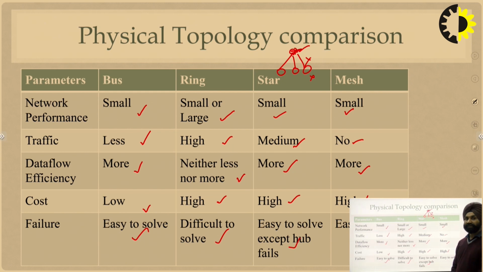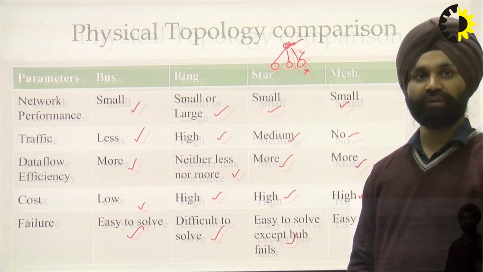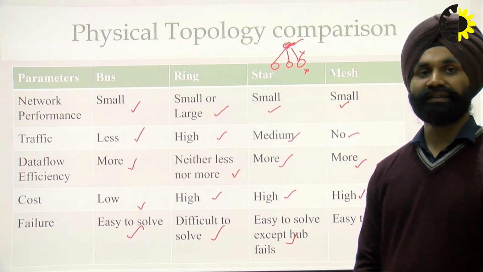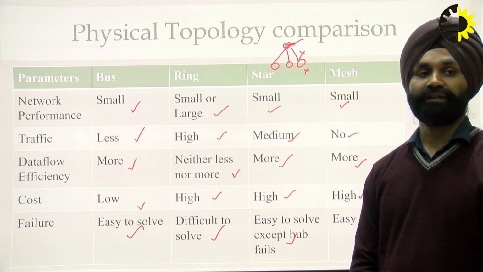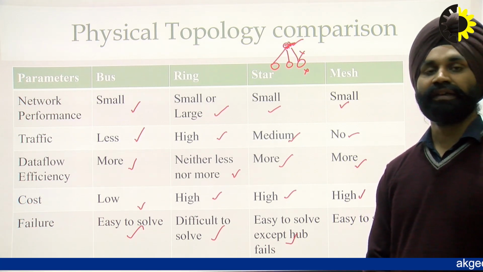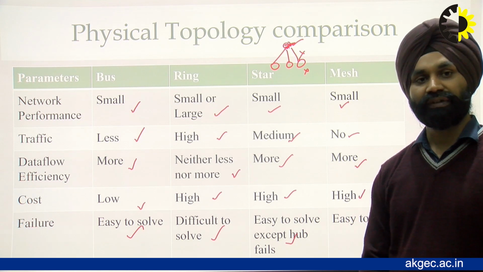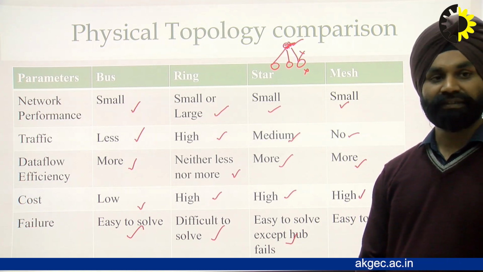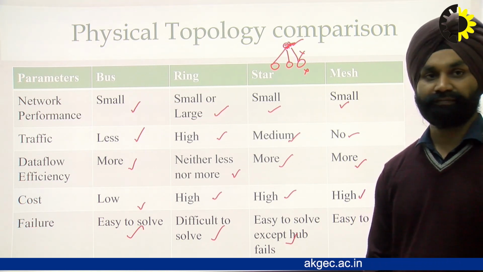For the mesh topology, it will be very easy because there is a dedicated link between the source and the destination, so we can easily define where the failure has happened. This makes it easy to detect the failure of the network.